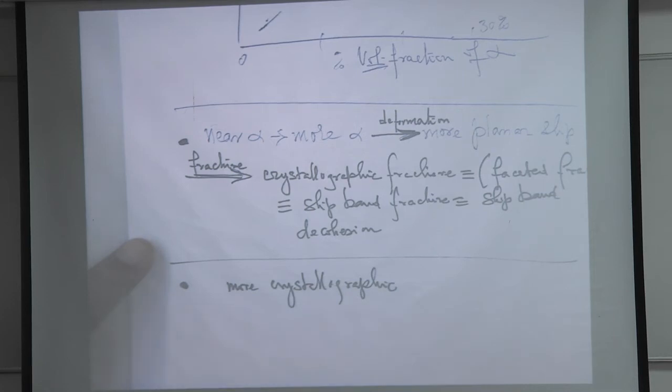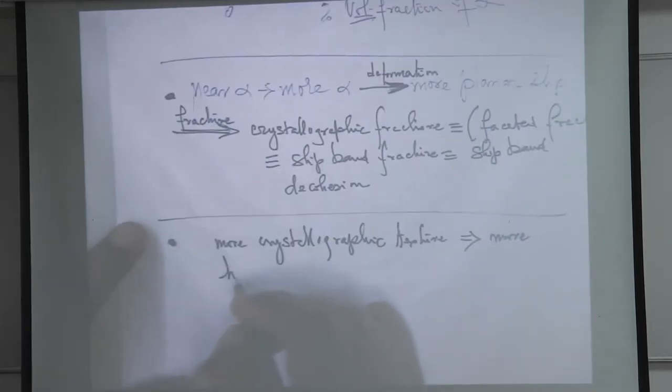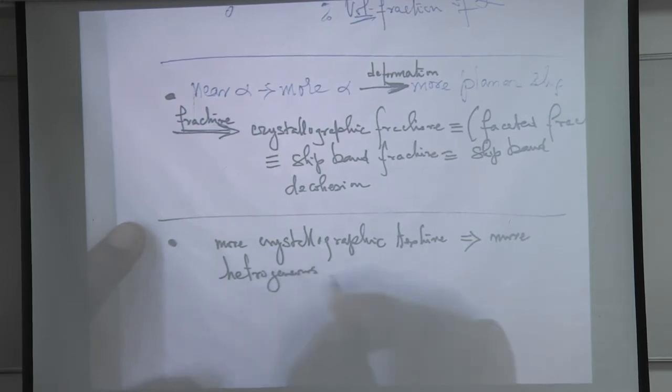This is all the observations over the last so many years. If you put together all these observations, this will be the final conclusion. More crystallographic texture implies more heterogeneous slip, which is the same as more planar slip.